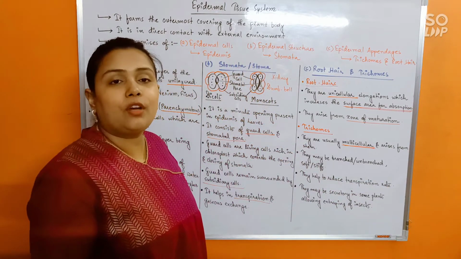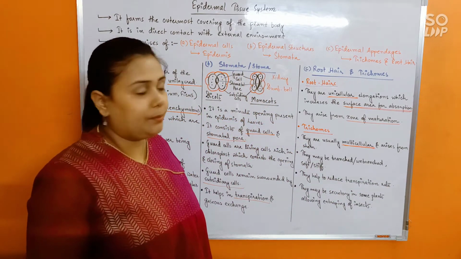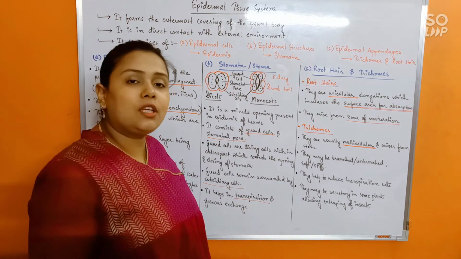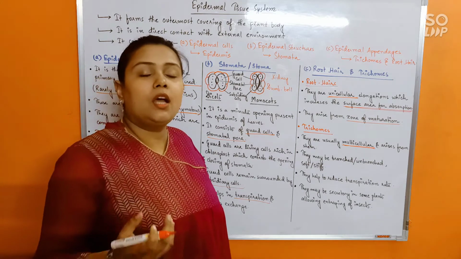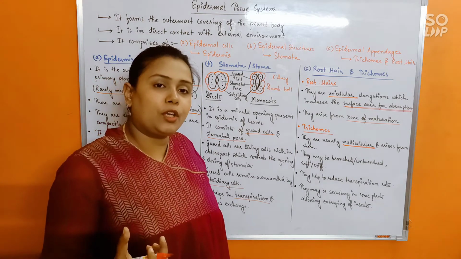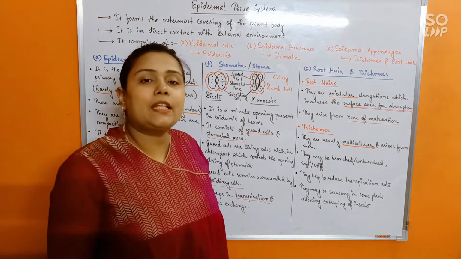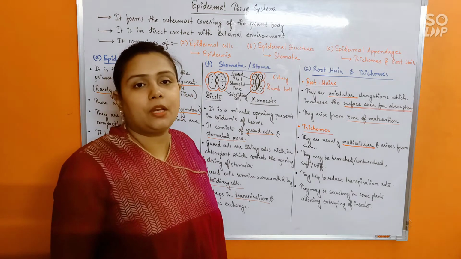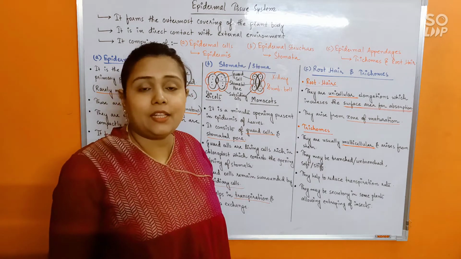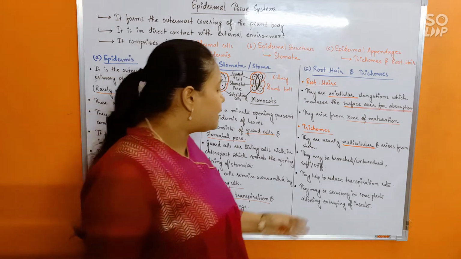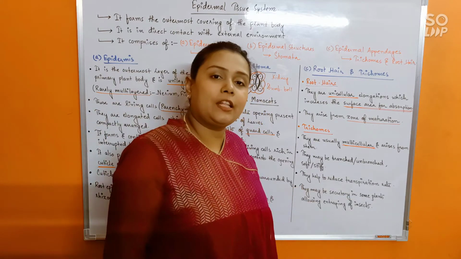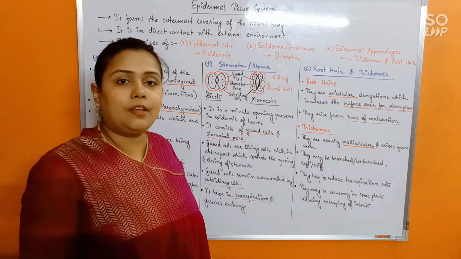Because of the presence of trichomes in the young stem, the rate of transpiration can be greatly reduced, because plants would not want so much water from the body to be lost. Reducing the rate of transpiration is a very important strategy employed by all types of plants. That's the main primary function.